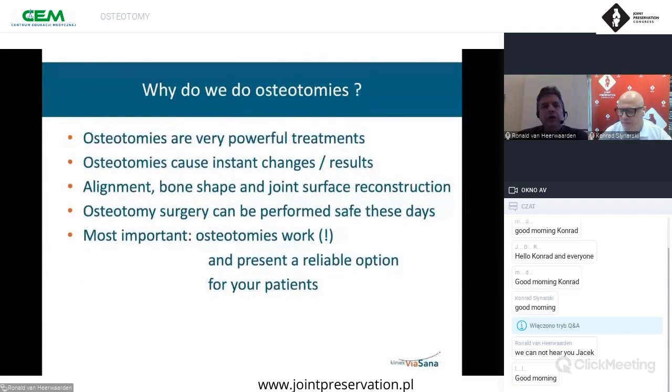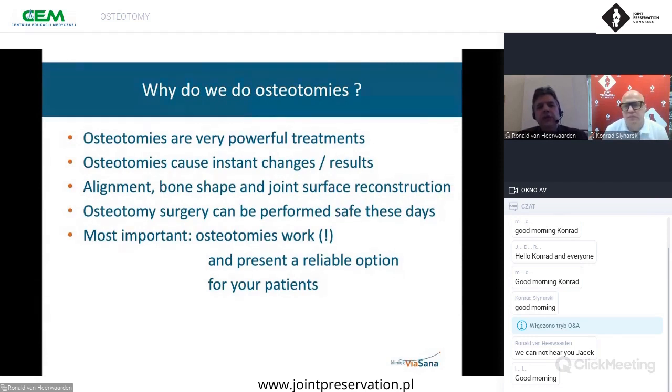Why do we do osteotomies? Well, we have a very nice list of speakers this afternoon, and we all love this, so we are kind of biased. But osteotomies are very powerful treatments in our hands. And if you're a novice to this treatment, you should really look at what's published, and also make use of these kind of webinars to find out.